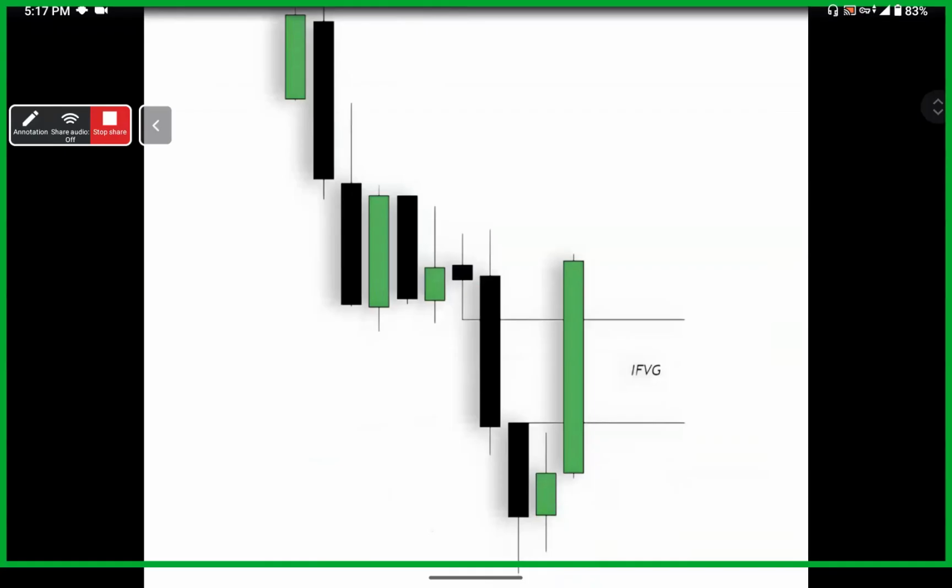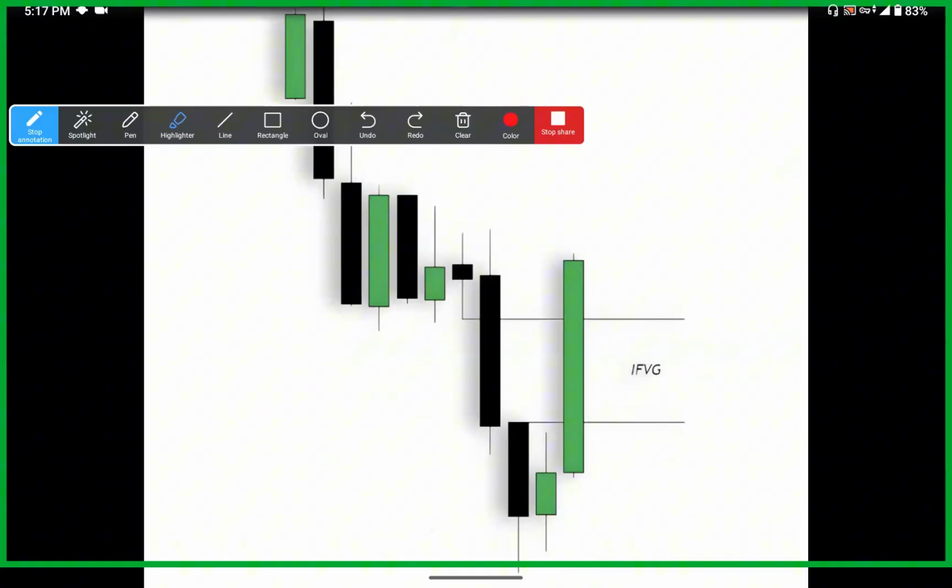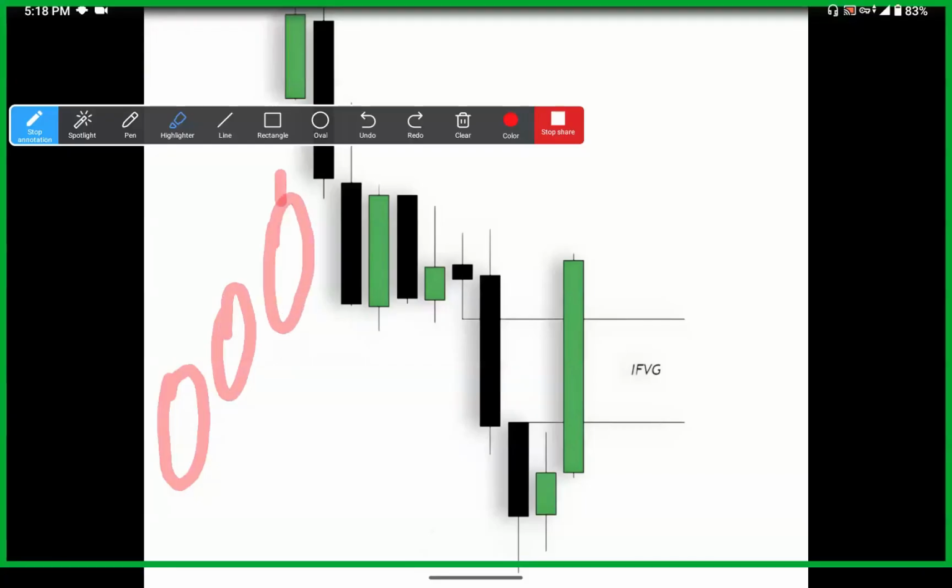So inversion fair value gaps are just previous fair value gaps, just like the previous topic we handled. I told you that fair value gaps are created by three candles, and I gave you an illustration: first candle, second candle, and third candle.